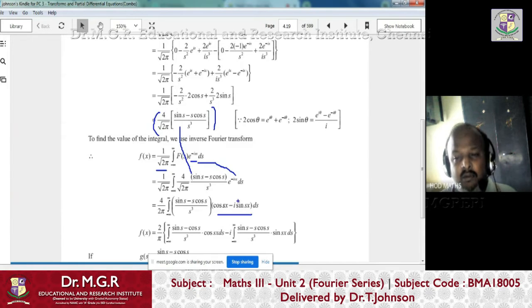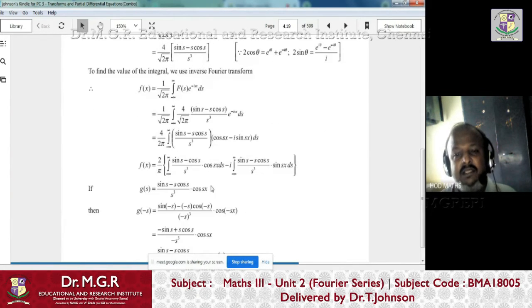Right? And now you have to argue like this. Since sin is an odd function, the explanation is given here, but you can straight away argue. Sin is an odd function, cos is an even function.